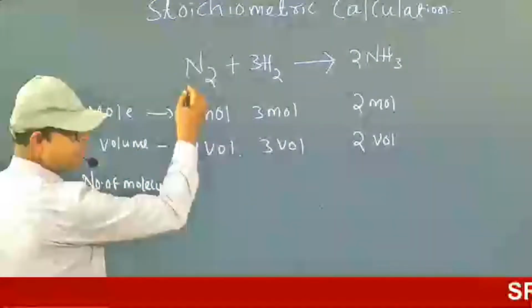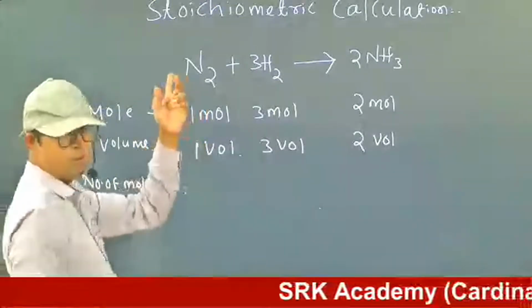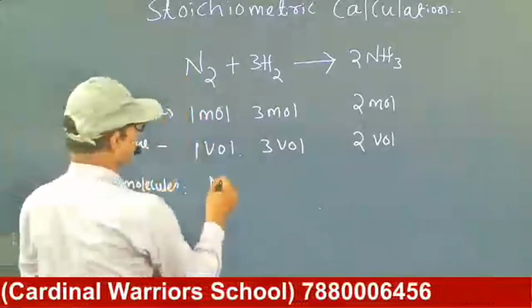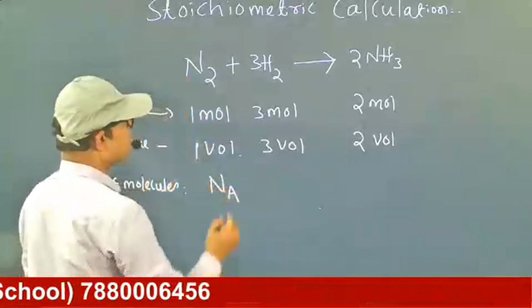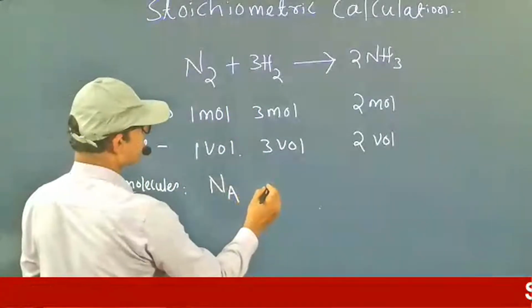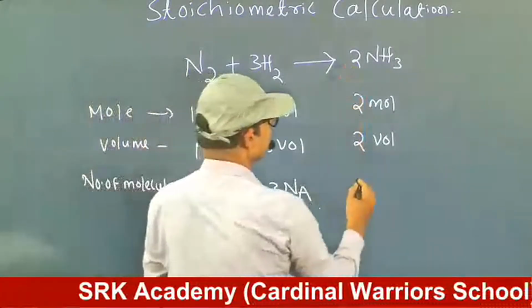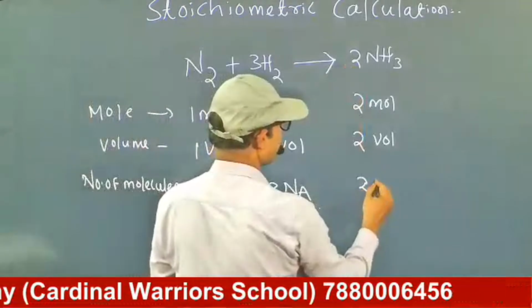So clearly, 1 mole corresponds to how many molecules? Na number of molecules, Avogadro's number of molecules. Here 3 moles corresponds to 3 Na number of molecules and 2 Na number of molecules.